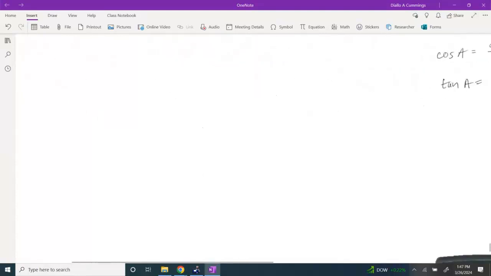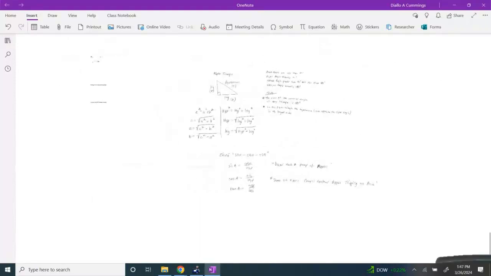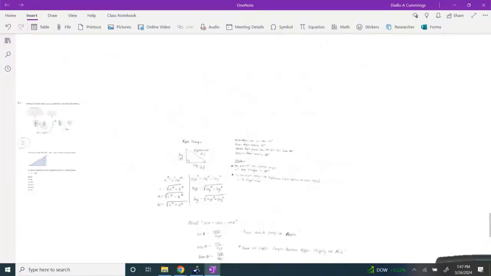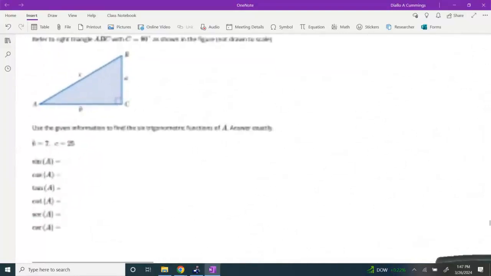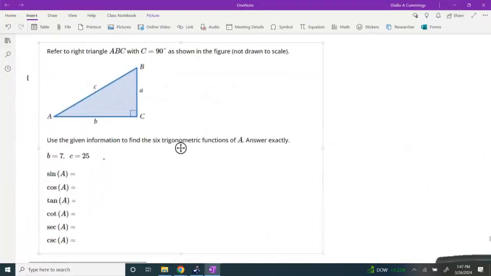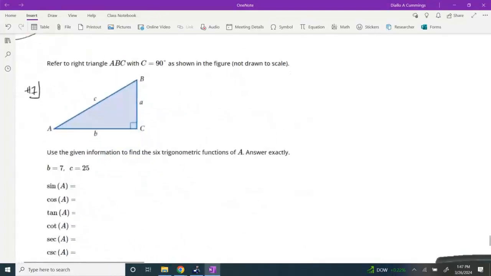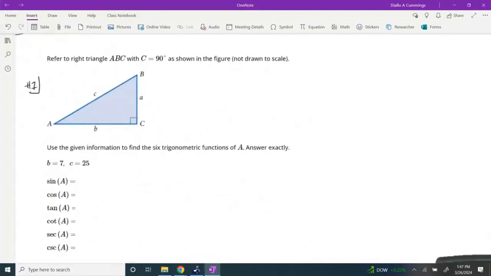All right, so we're going to take a look at, okay, here it is right here. Now, I think this is similar to number 1. And this is section 4.6.